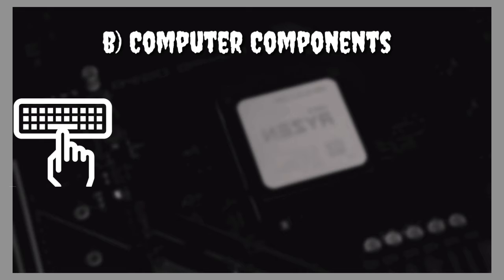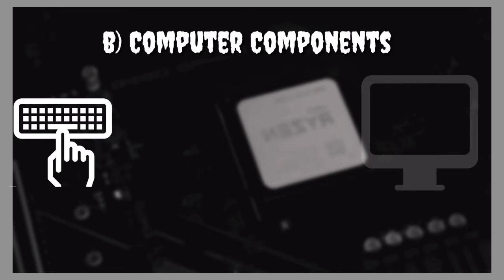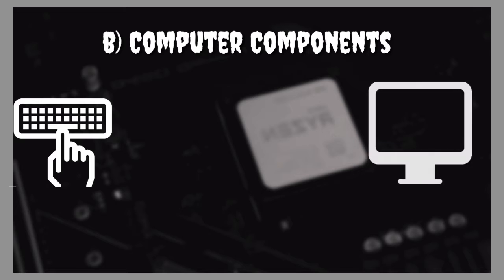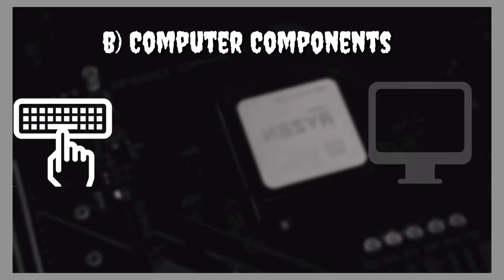So, basically, a computer system has four main components. The input devices, which are devices used to send data into the computer system to be processed. The output devices, which are the devices that send the information for the user to see, like monitors or liquid crystal display screens.